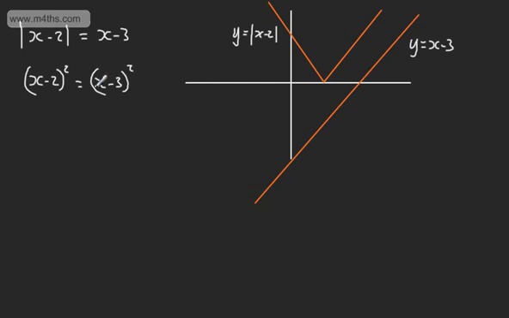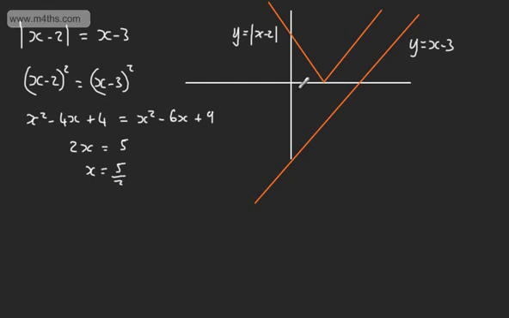So I'm squaring both sides. x squared minus 4x plus 4 would be equal to x squared minus 6x plus 9. So the x squared is going to drop off, adding 6x to both sides and subtracting 4, 2x is going to be equal to 5, and x will be equal to 5 over 2.